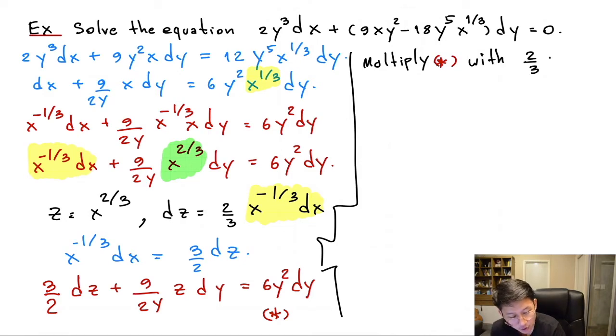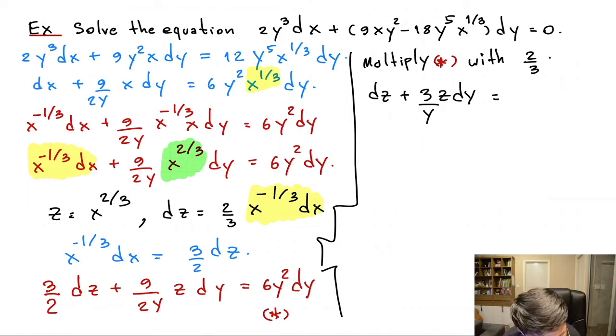So what I have is dz. 2/3 and 3/2 cancel out, and I have 3yz dy. Okay, 3 divided by y, sorry, 3 divided by yz dy equals 6y squared dy.